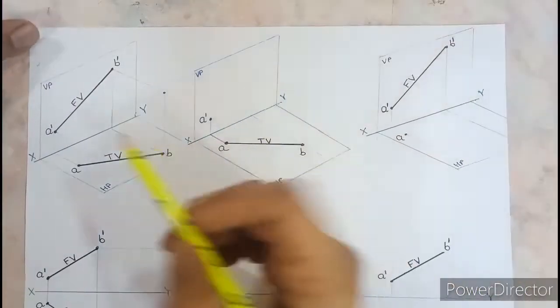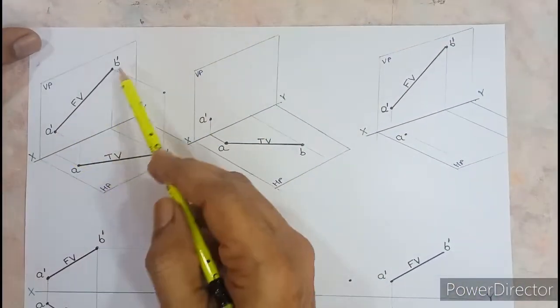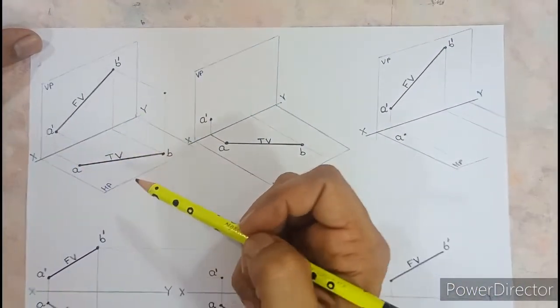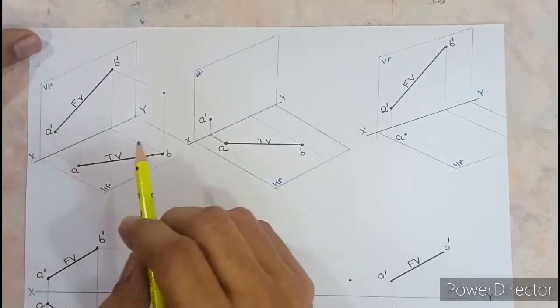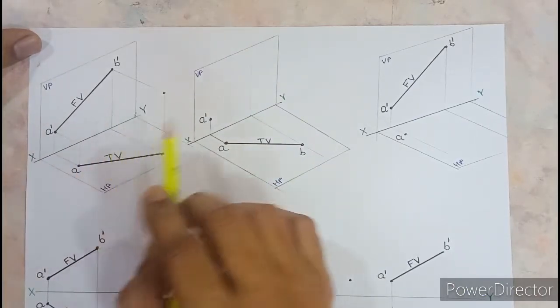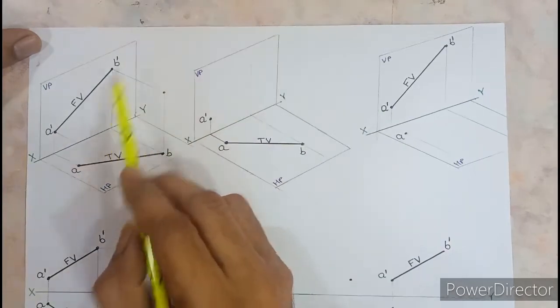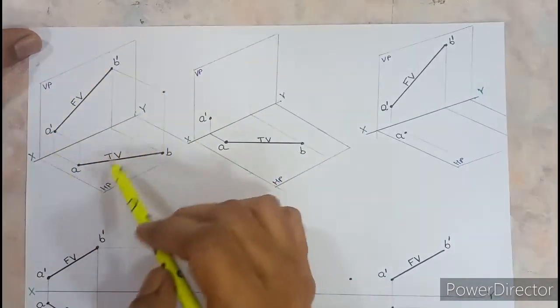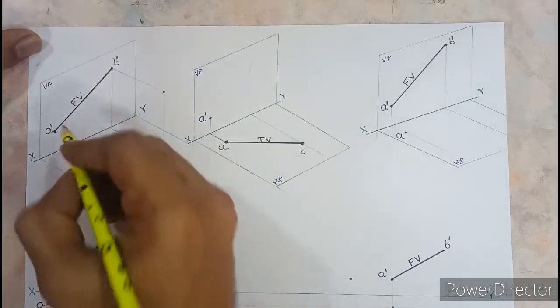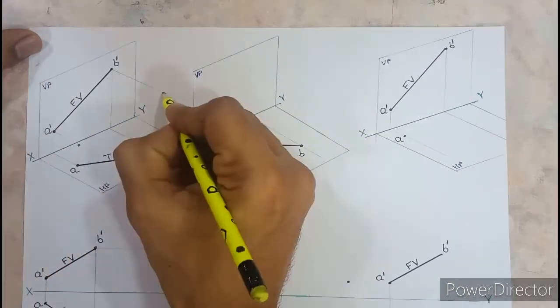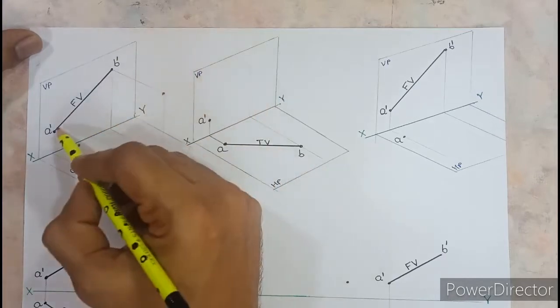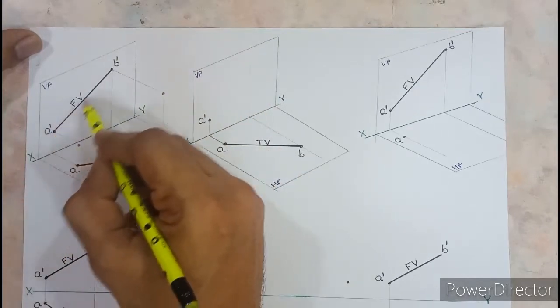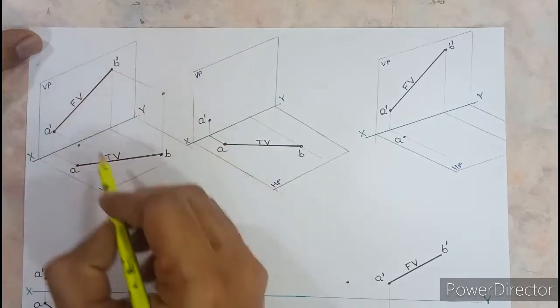Now, to get those two true lengths, one in the front view and one in the top view, we need to follow a different concept. What is that? Look at this diagram, the first diagram. Here we are assuming that the actual line AB is missing, that is the true length is missing, and you are left only with the projections of the true length, that is front view A dash B dash and top view AB.